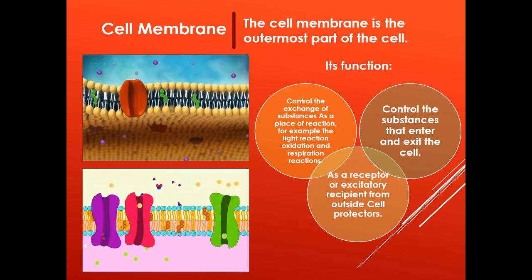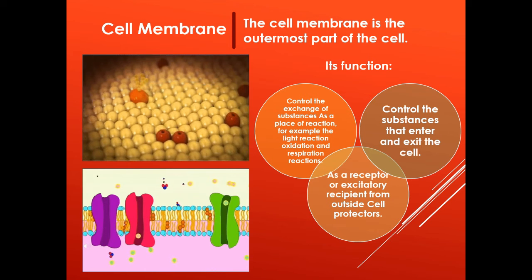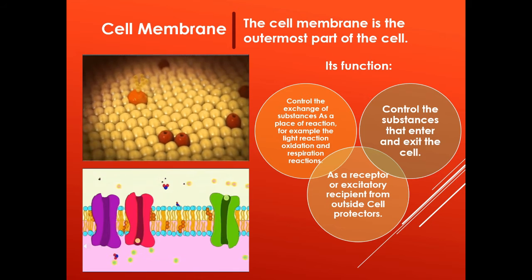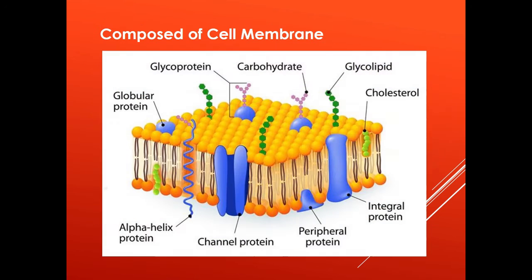The second is as a receptor of excitatory stimuli from outside the cell. And they also control the substance that enter and exit the cell. And as you can see, in the composition of cell membrane, there are many kinds of protein like alpha helix protein, and then channel protein, peripheral, integral.